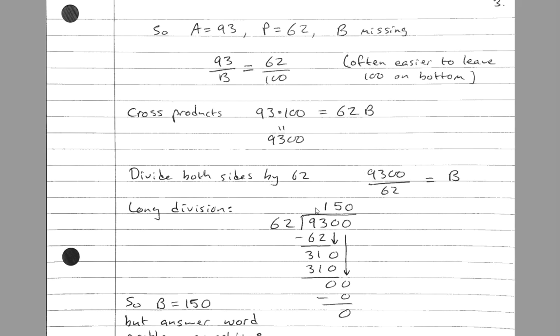We have to do all our work by hand, and this is good practice for long division. So 62 goes into 93 one time, put the 1 over the 3. 1 times 62 is 62, subtract, that's 31. We're keeping everything lined up.